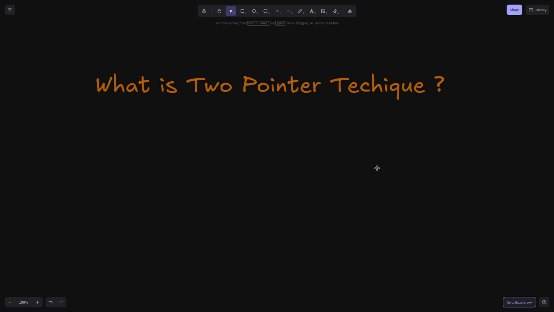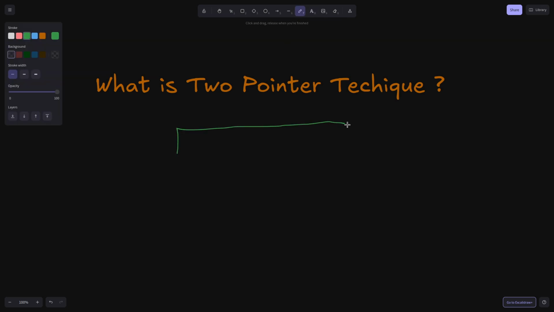So what is the two-pointer technique? The two-pointer technique is a pattern where we use two variables or pointers to traverse an array or a string. Let me draw an array first. Okay, suppose this is our array.